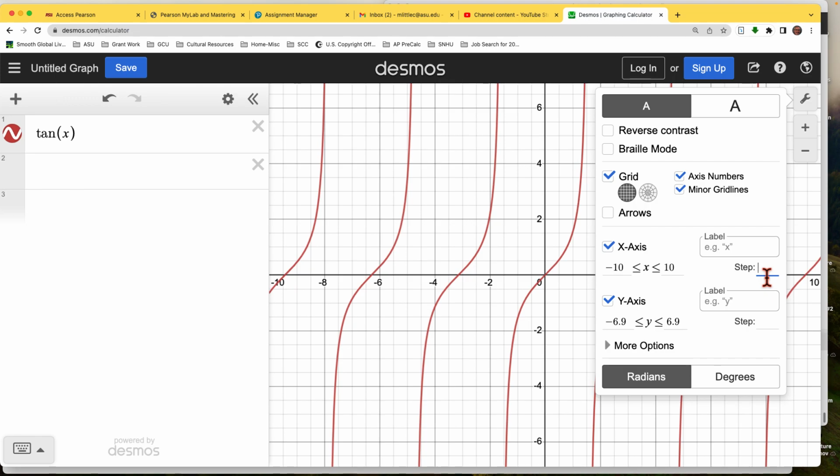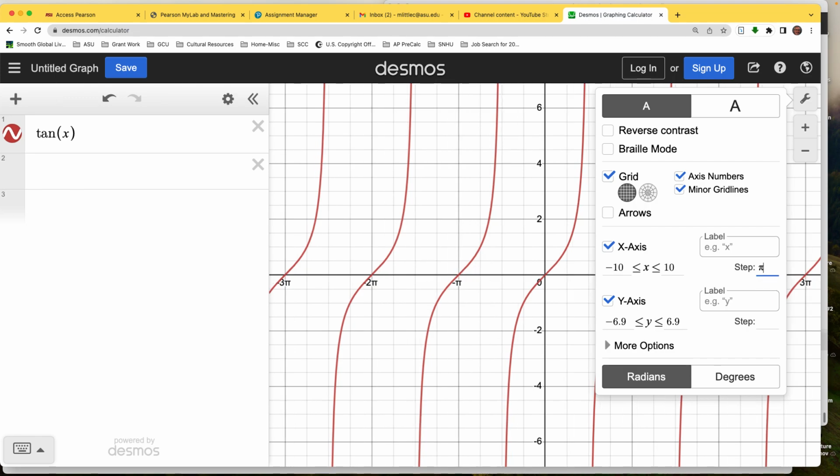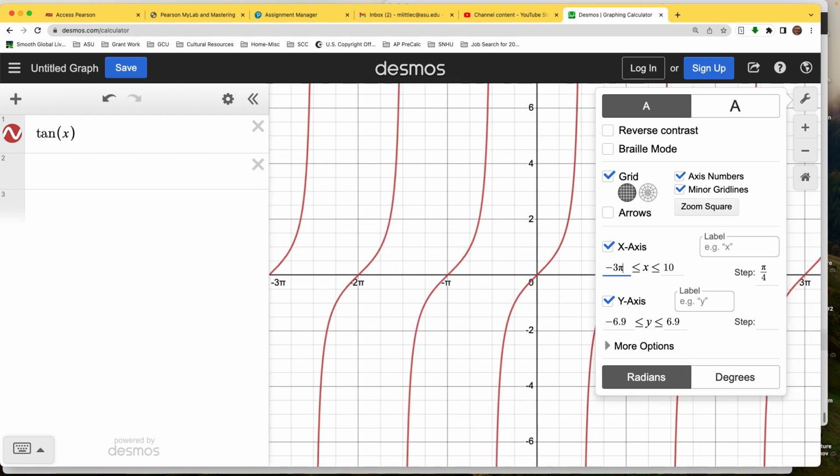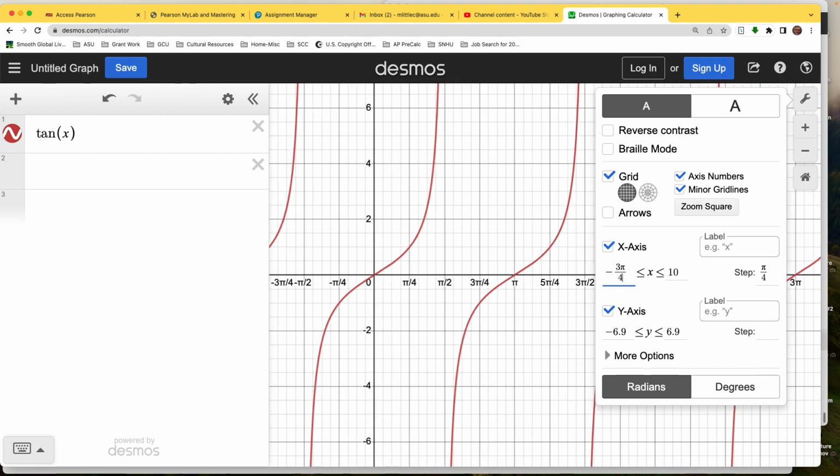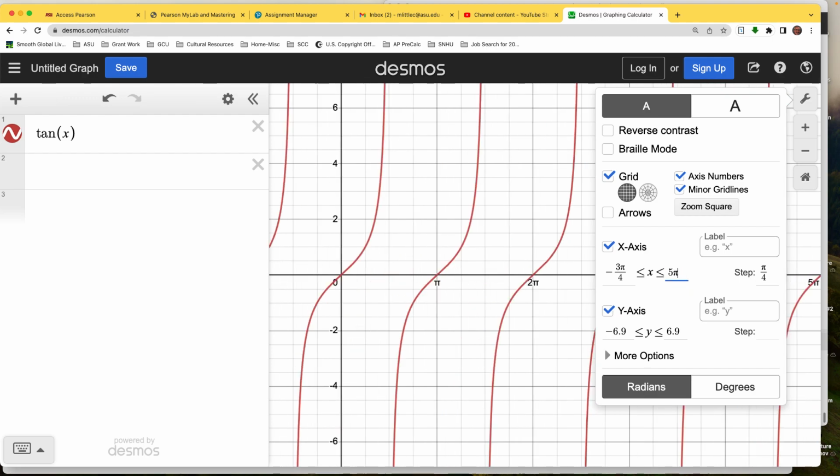So I could see that it was going every pi/4 because they had pi/2 and they had a line, so every line must represent pi/4, so it'll step by pi/4. And then again, what did we go to? Maybe -3pi/4, and this one went to 5pi/4.